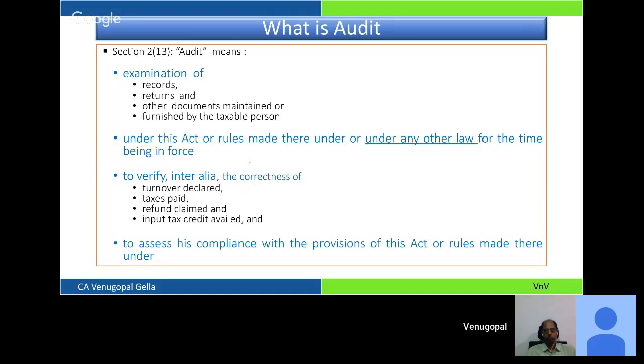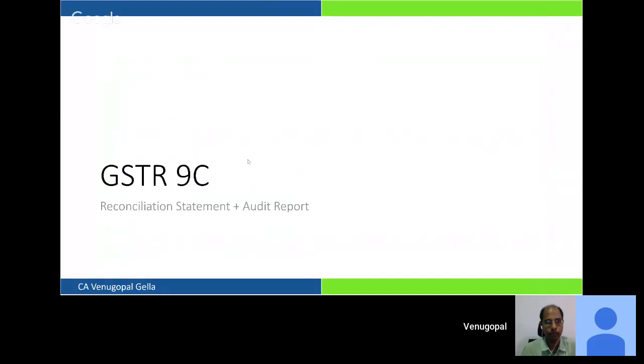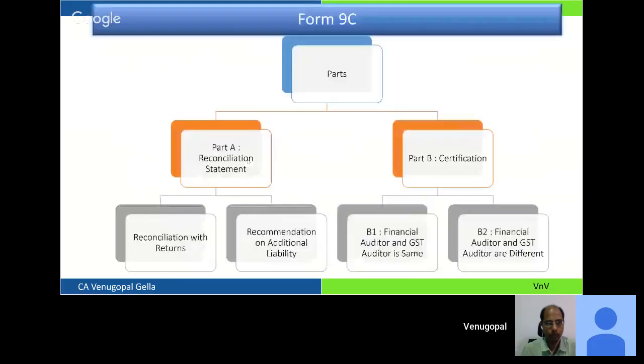The form GSTR-9C is also designed to understand the user's compliance with the Act in all these activities. So GSTR-9C is more like a tax audit report under income tax, where we have a tax audit report, a 3CD and 3CA or 3CB.